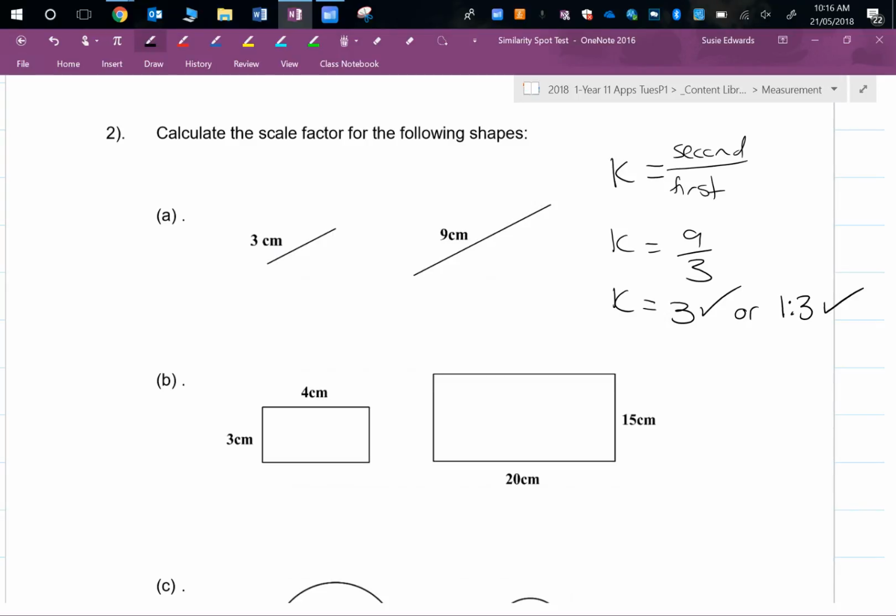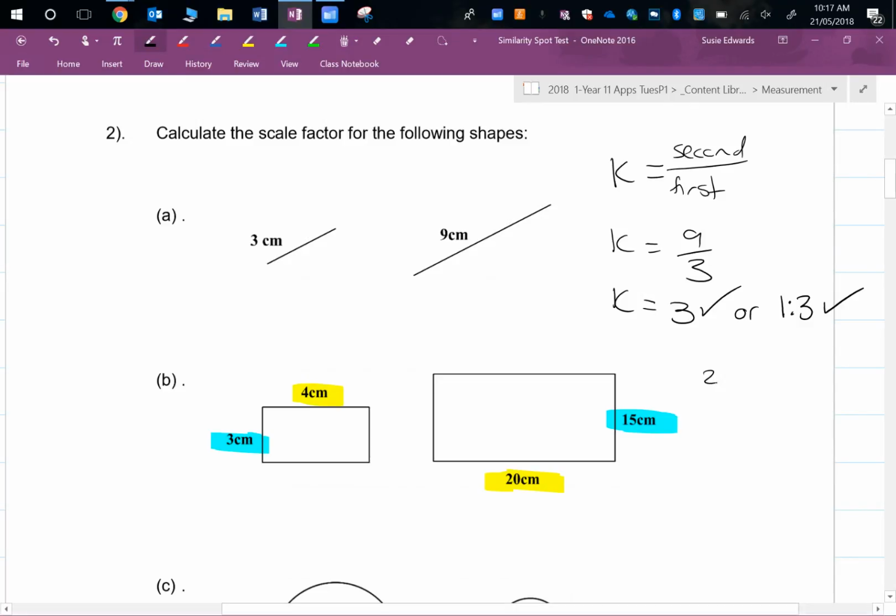Which ones are the corresponding? So which number corresponds to the 4? The 20. Which one corresponds to the 3? The 15. Okay, so make sense of that. Take a couple of different highlighters. And you can usually say that the smaller one's always going to still be smaller on the other side. So you could either use the 20 or the 15.